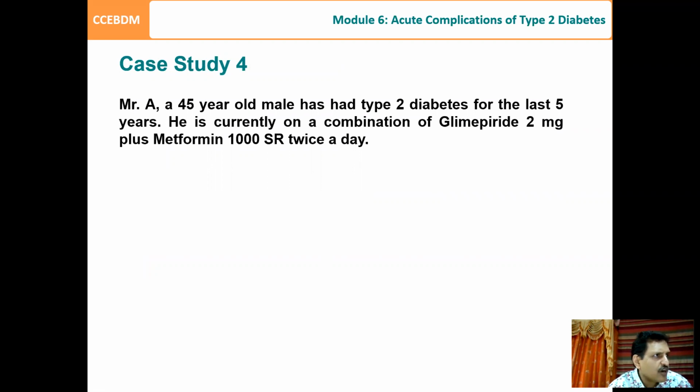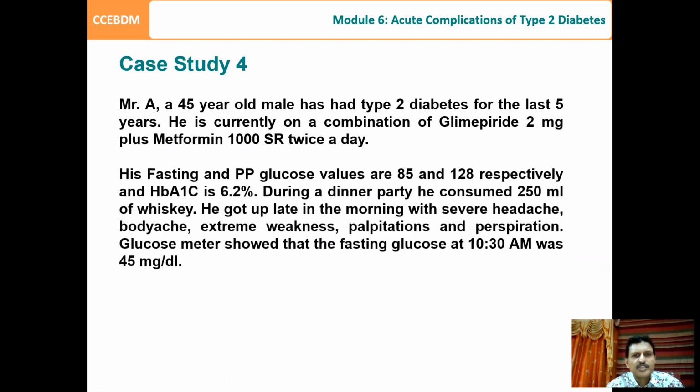Now this is a 45-year-old male who has had type 2 diabetes for the last 5 years and is currently on a combination of glimepiride 2 milligram and metformin 1000 milligram twice a day. His fasting and PP blood glucose values are 85 and 128 respectively, and HbA1c is 6.2. During a dinner party, he consumed 250 ml of whiskey.